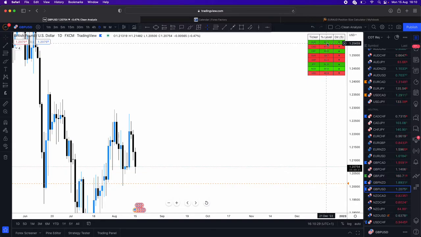So if you were to see on here, USD is at 70, for example, obviously that's showing that the USD is really strong. But also what you should be thinking of is that it's coming into that territory where it might start to change strength a little bit and start to weaken because it's coming into those extreme levels.